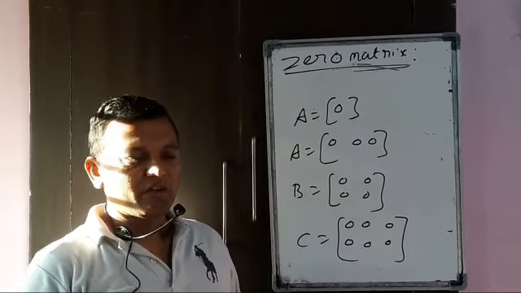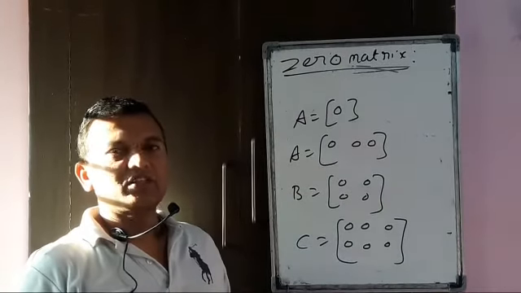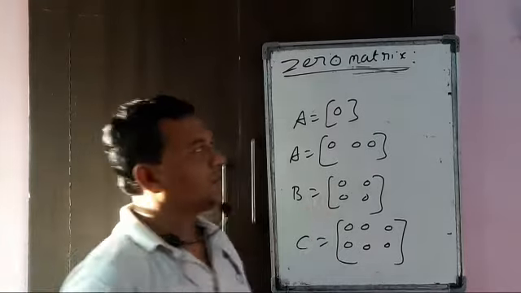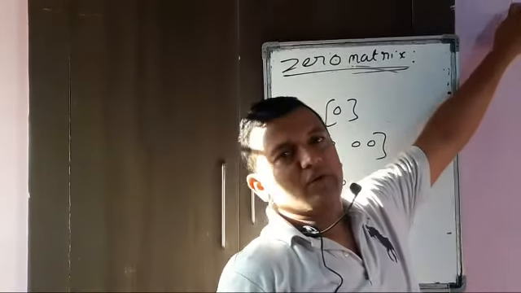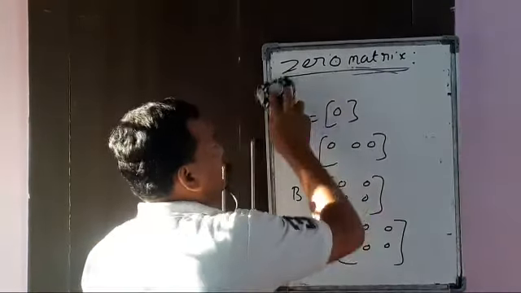Then we have one final one, which is a comparative one, that is equal matrices. Definition of matrix over. Now we learn about equal matrices.